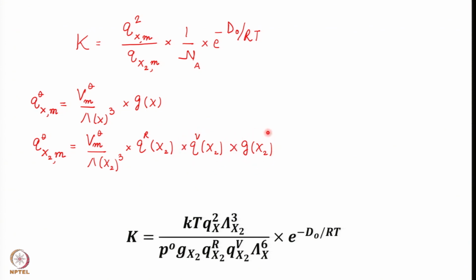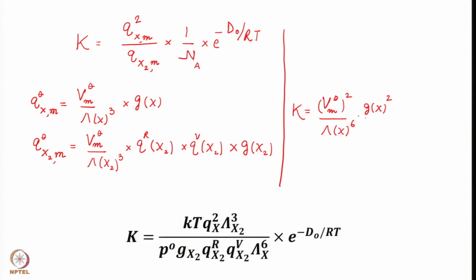What we will do is, we will substitute these both Q's into this expression and let us see what it turns out to be. So what we will do is, let us put K is equal to Qxm square, that means Vm naught square by lambda x, it is a square, so raised to the power 6, into Gx square.